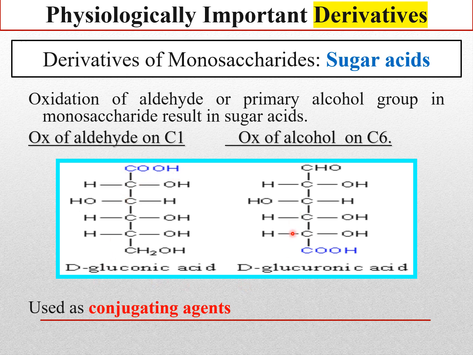And then at the bottom, for glucose, it will be CH2OH, but once it's oxidized, it will become a carboxylic group. Therefore, it is known as D-glucuronic acid. And they serve as conjugating agent. Please find out what is conjugating agent on your own.